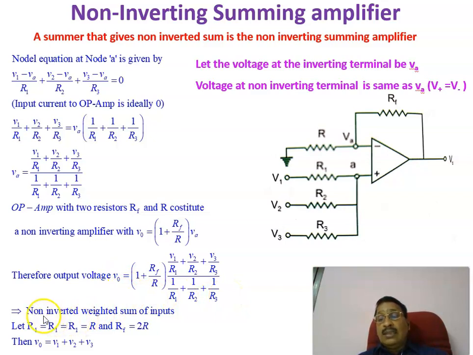Therefore, this is the output voltage. This is called the non-inverted weighted sum of the inputs. That is a non-inverting summing amplifier.